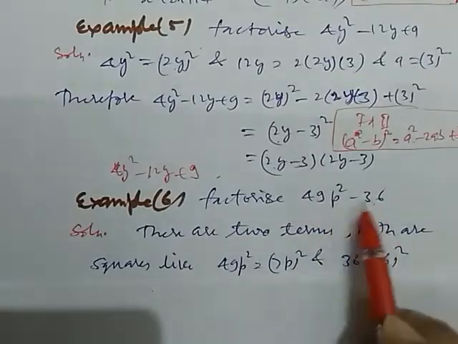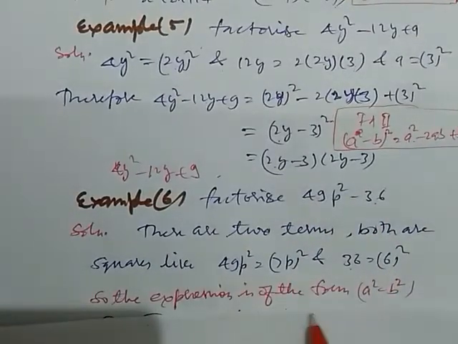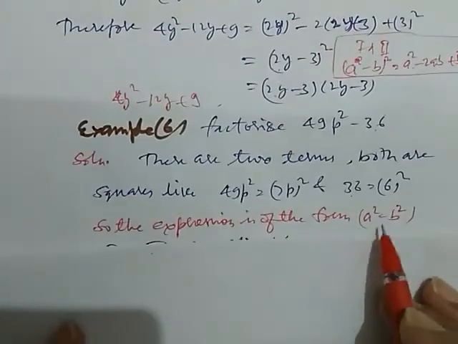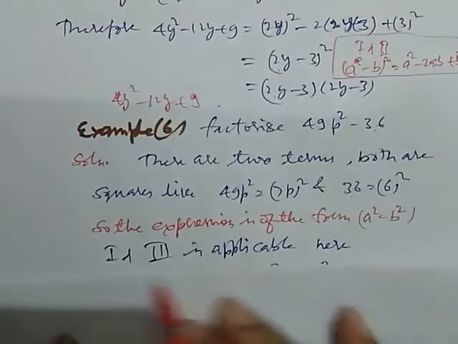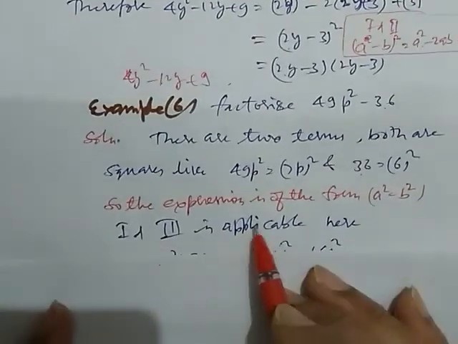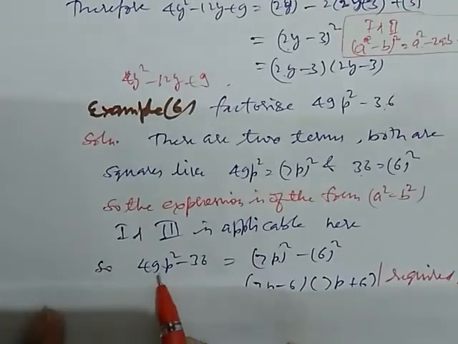So we can represent them in whole square form. So the expression is of the form a square minus b square. So identity third is applicable here, and we write with the help of this.